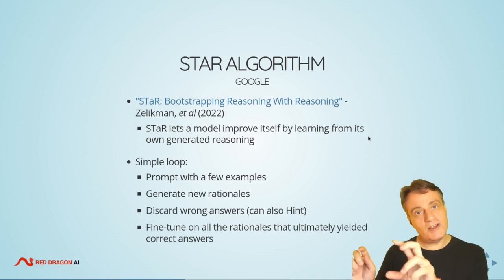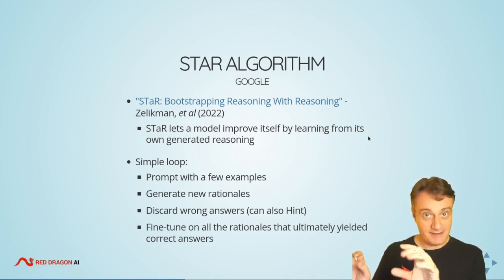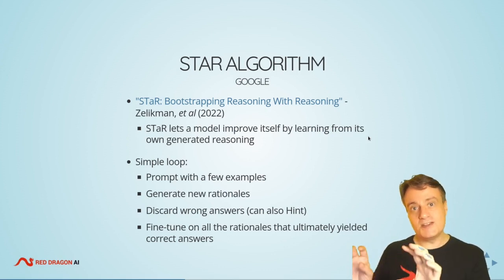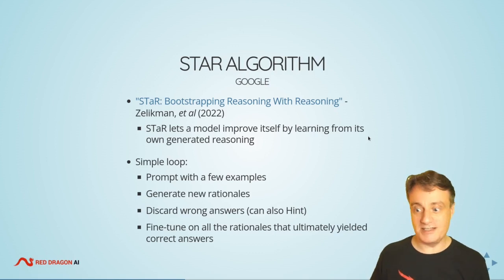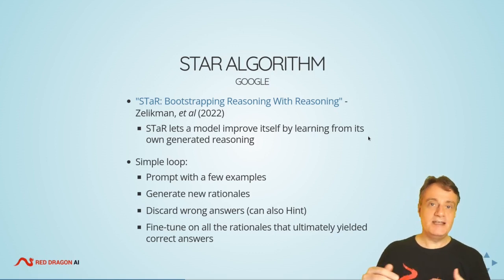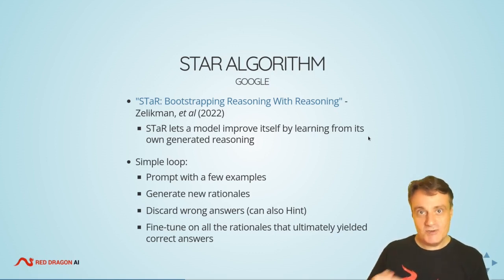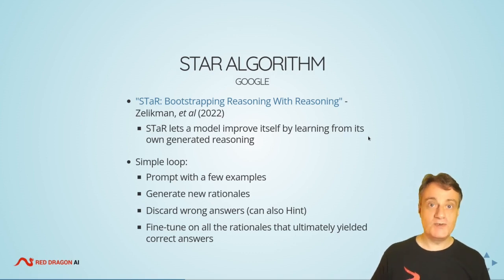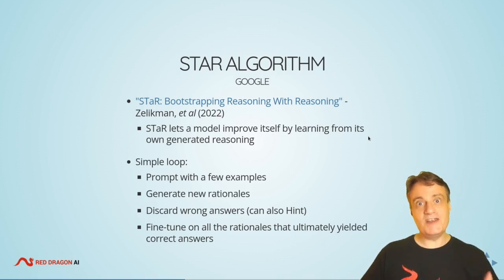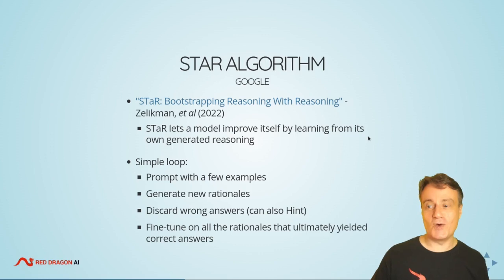We're going to look at which rationale led to the right answer, and that's a good rationale. If it leads to the wrong answer, we're going to discard it, and we're going to try and get it to use these rationales so that eventually it answers correctly a lot more.